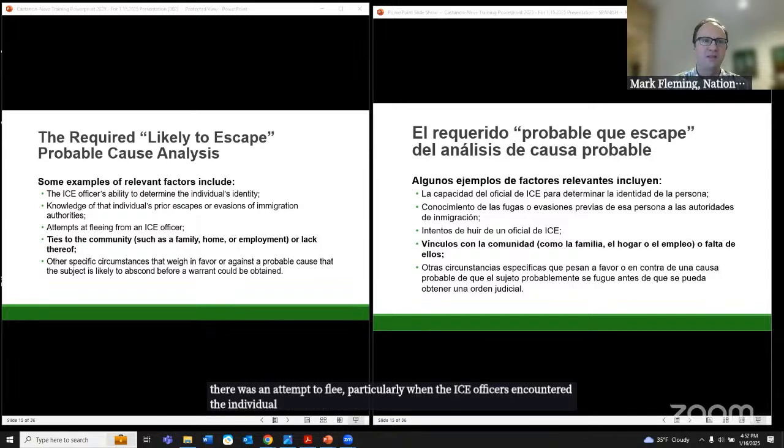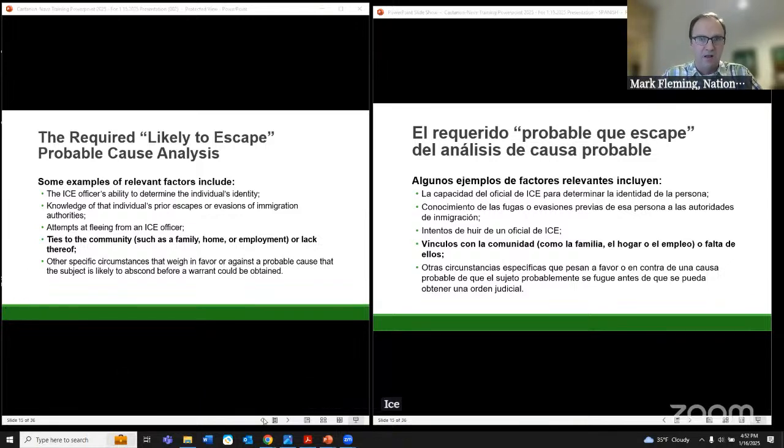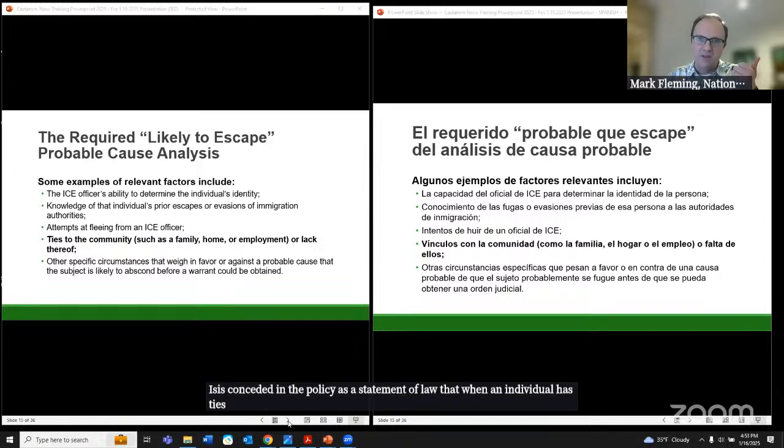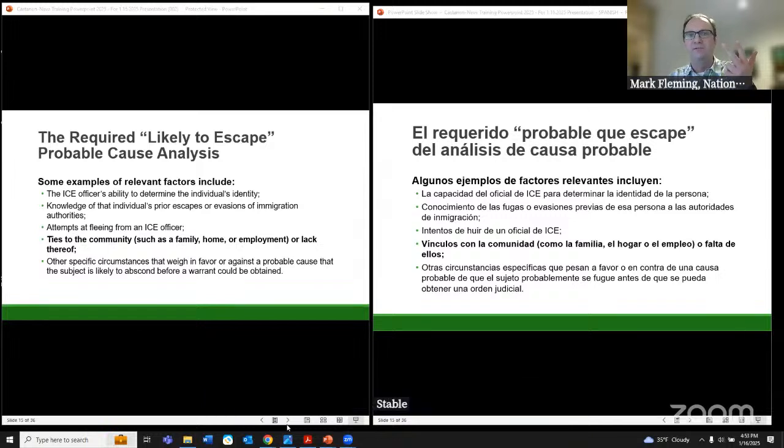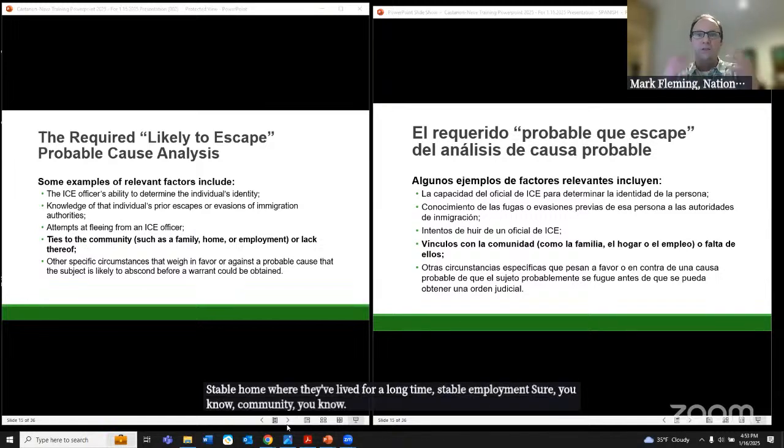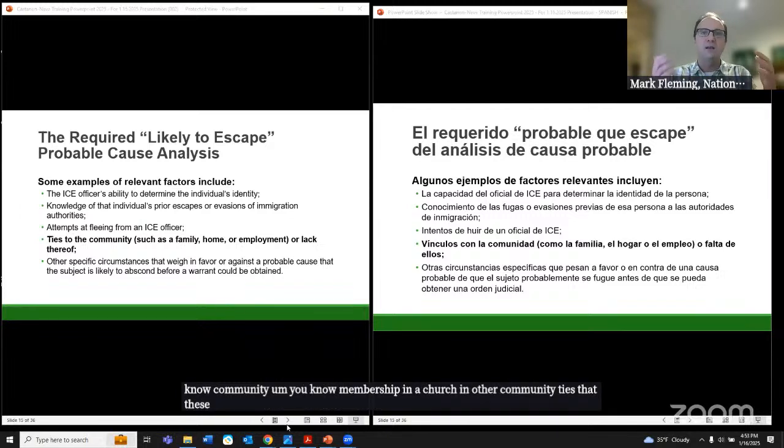But the one I want to focus on the most, and you can see is highlighted, is ties to the community. ICE has conceded in the policy as a statement of law that when an individual has ties to the community, such as family, longtime resident, stable home where they've lived for a long time, stable employment, church, membership in a church, and other community ties, that these factors cut against a finding of probable cause that the person would escape.